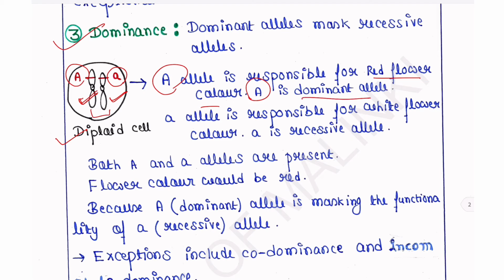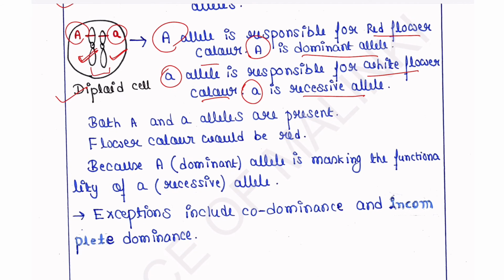Capital A is the dominant allele. Small a allele is responsible for white flower color. Small a is the recessive allele. Both capital A and small a alleles are present here. Therefore, the flower color would be red because the capital A allele is dominant and that is masking the functionality of the small a allele that is recessive.